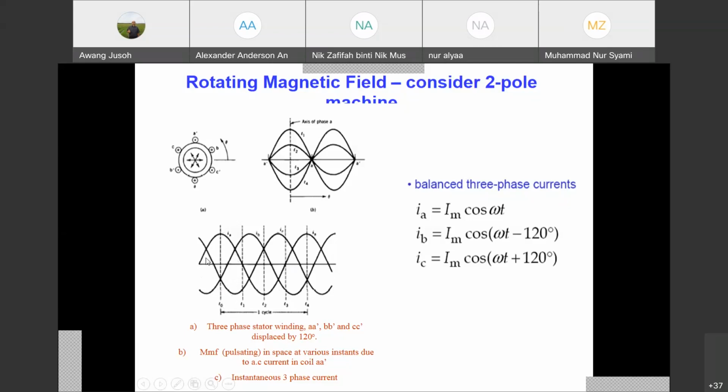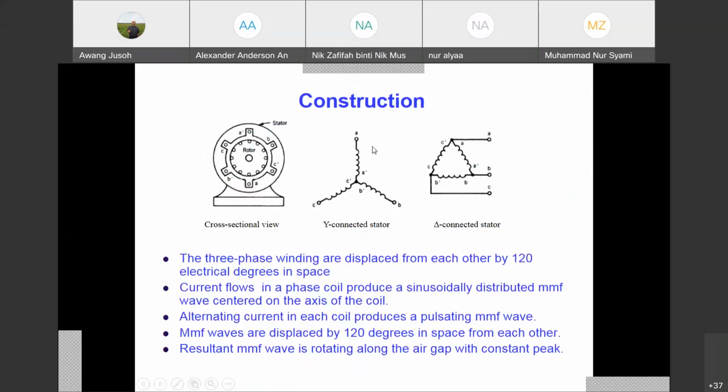So the positive current enters conductor A with maxima IA. Just now, you got three conductors, right? A, B, C, and A bar, B bar, C bar.